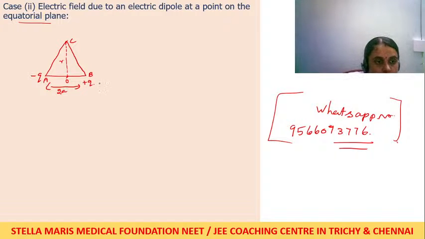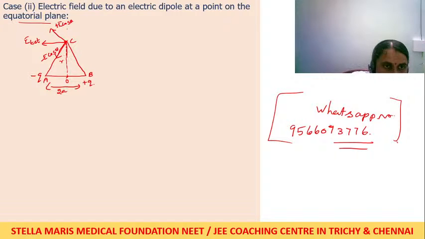Now we are going to resolve. At this point, we have the E total. When we resolve it, we get plus E cos theta in this direction and minus E cos theta in this direction.